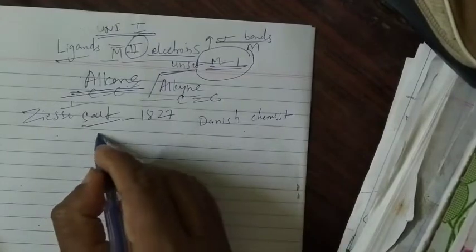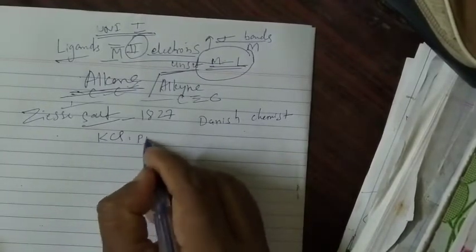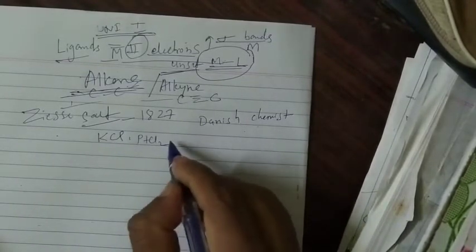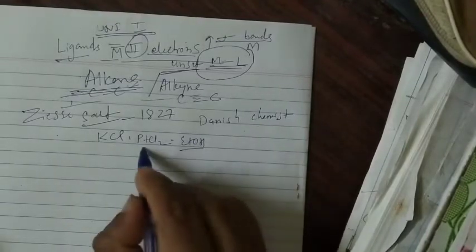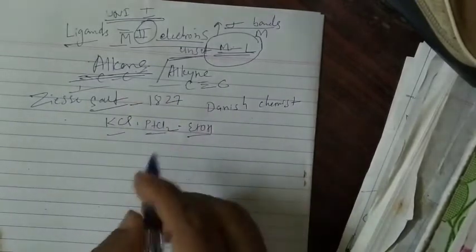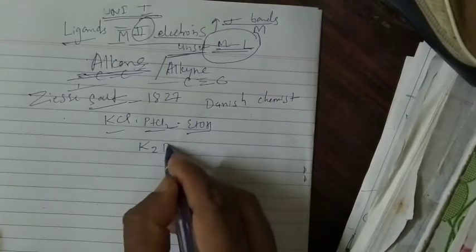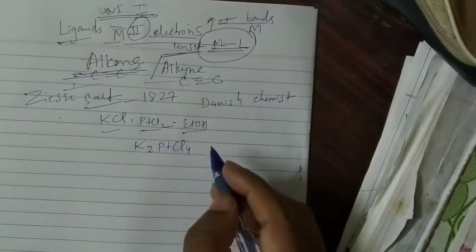He prepared it from potassium chloride, KCl, and platinum chloride, PtCl2, in the presence of ethanol, C2H5OH. He reacted this combination and got K2PtCl4 monohydrate.